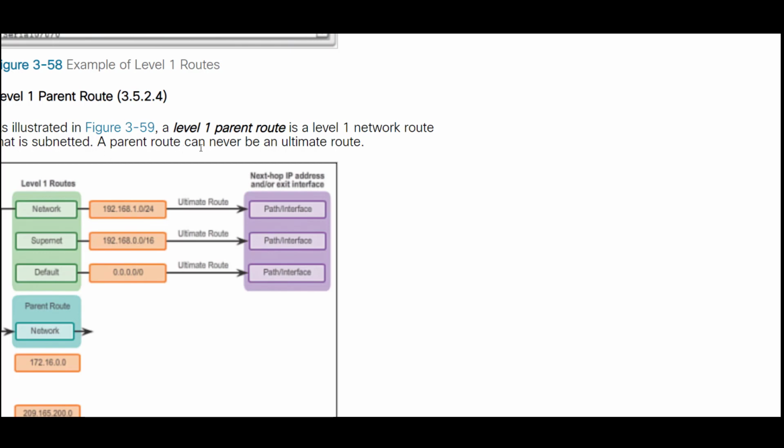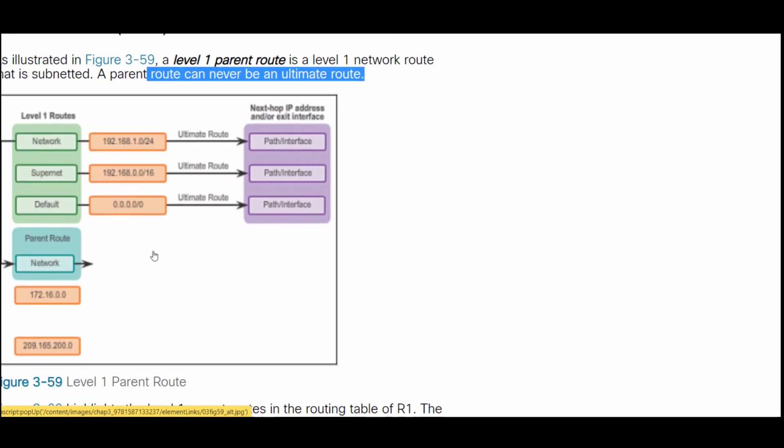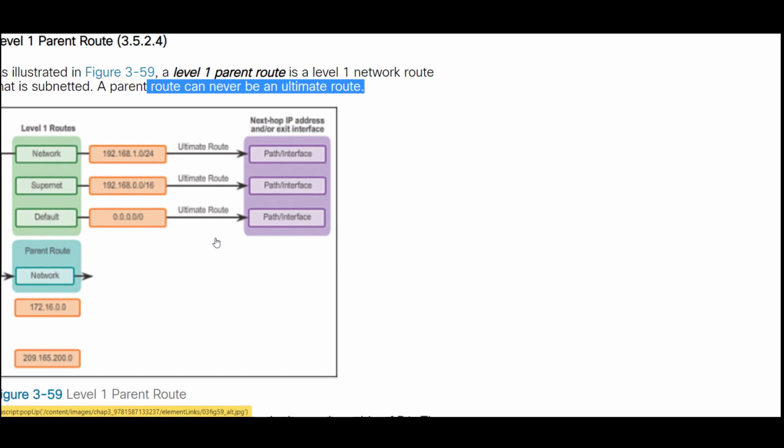A parent route can never be an ultimate route. So what does this mean? You can see level 1 parent. Now 192.168.1.0/24. Okay, they have not done any subnetting, so nothing. So this is going to be level 1.